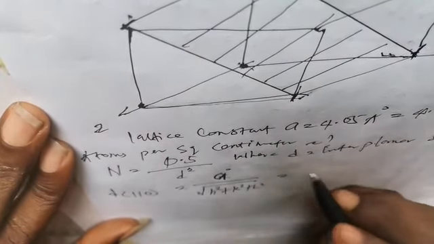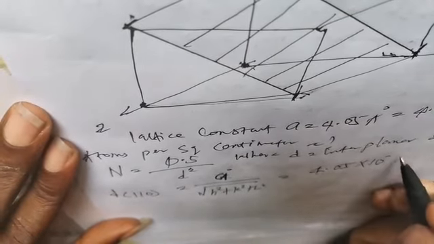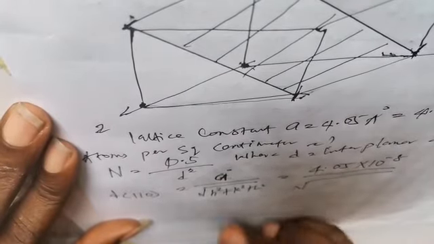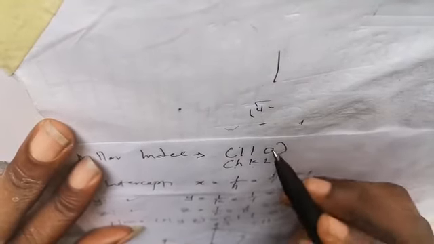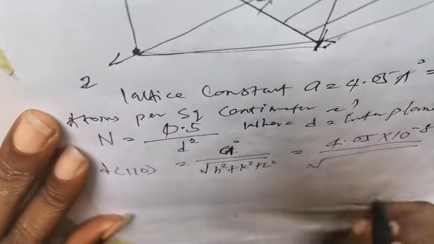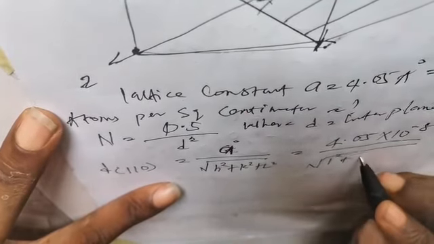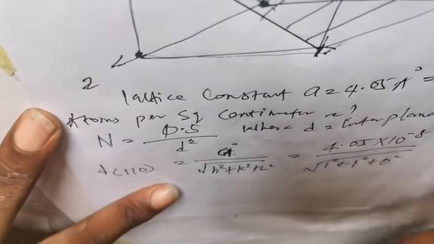And the lattice parameter was given as 4.05 by 10 to the power of minus 8 in centimeter, all over the square root of, remember from our Miller indices, we obtained that h is equal to 1, k is equal to 1, and l equals 0. So we'll plug it back into this equation now. You have h squared becomes 1 squared plus k squared also 1 squared plus l squared becomes 0 squared.